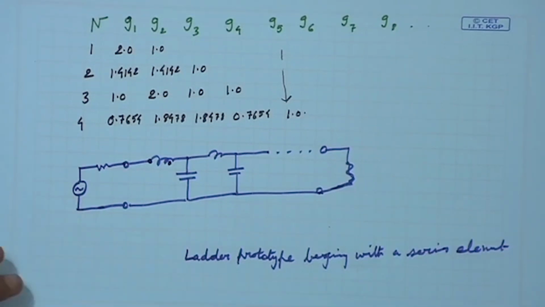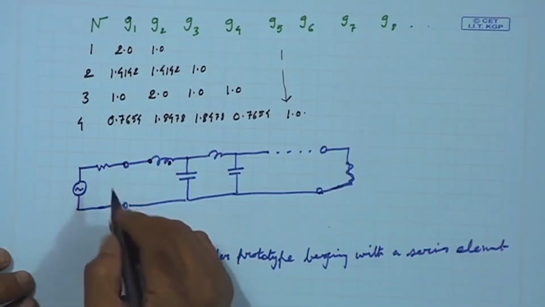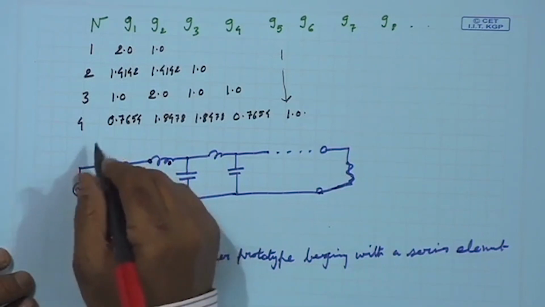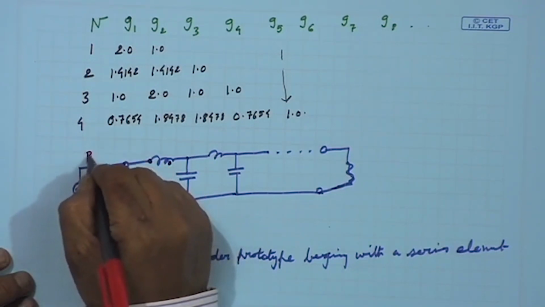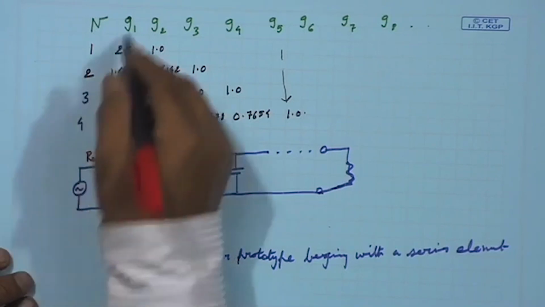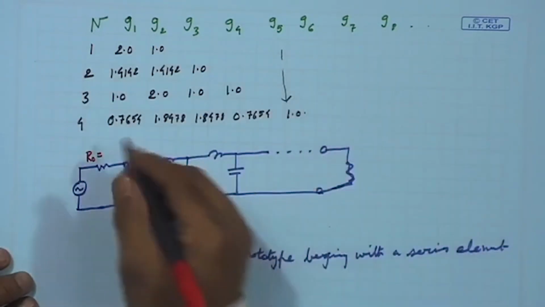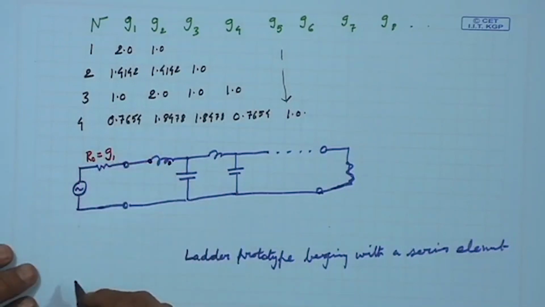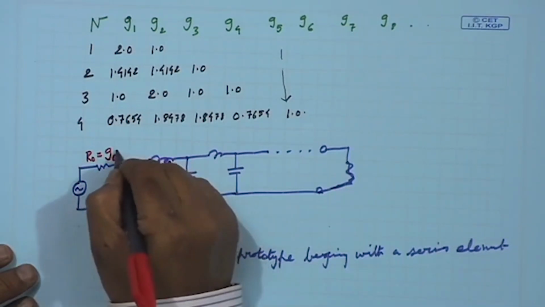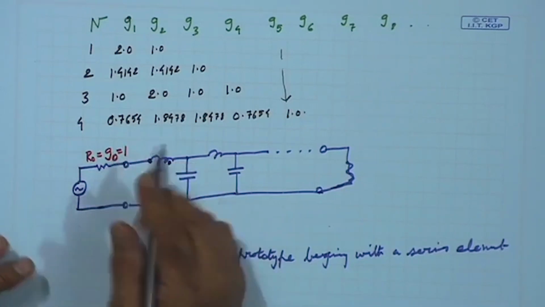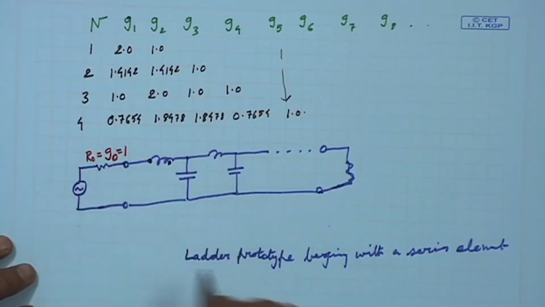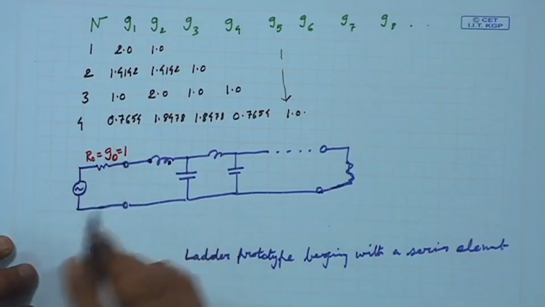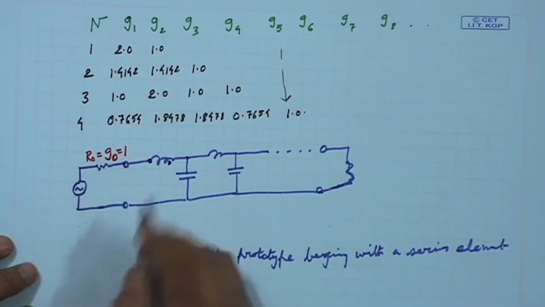And in this case, you see the nomenclature is this. I know that this is actually the resistance, but to make this table general, they call it G naught. Sorry, this is not the first element, because in the prototype always this value is known, R naught is equal to G naught is equal to 1. So, they call it G naught.